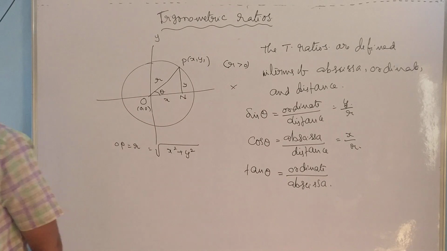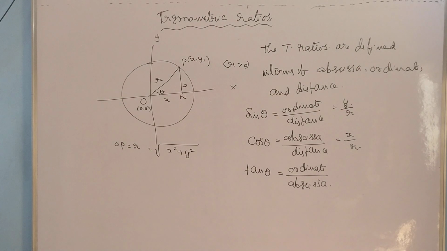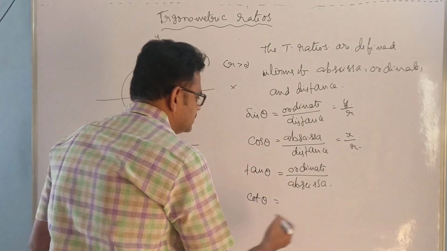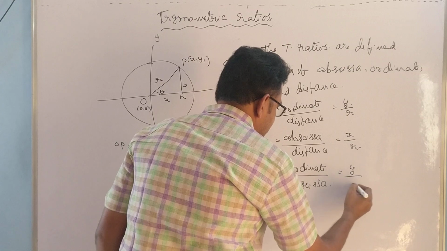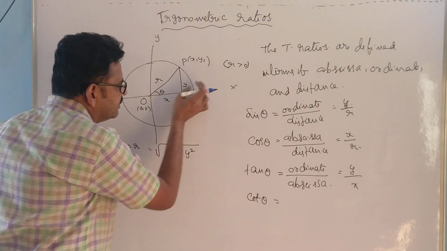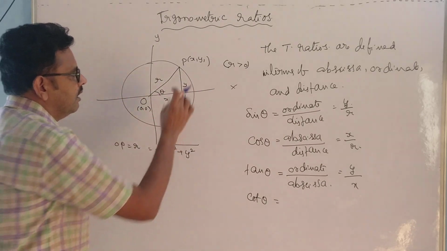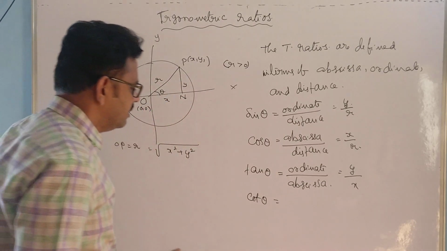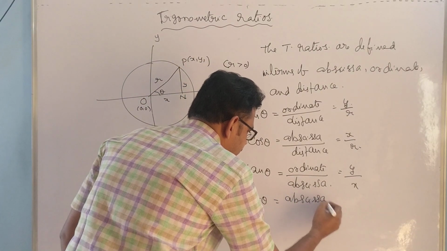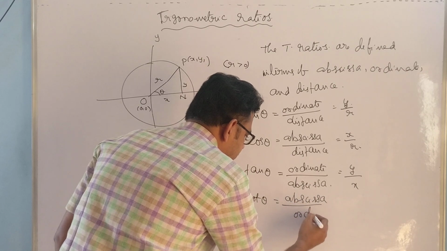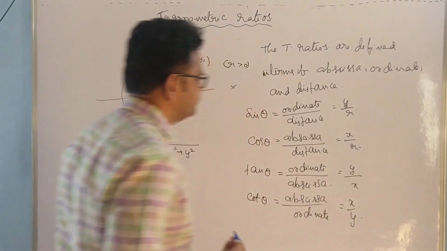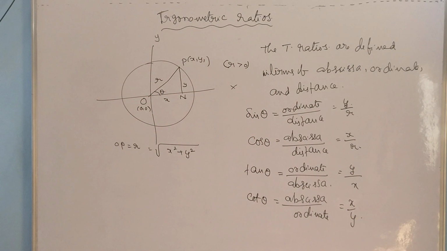And cot theta is defined as abscissa by ordinate, that is equal to x by y. Tan theta, y by x, is opposite side by adjacent side.